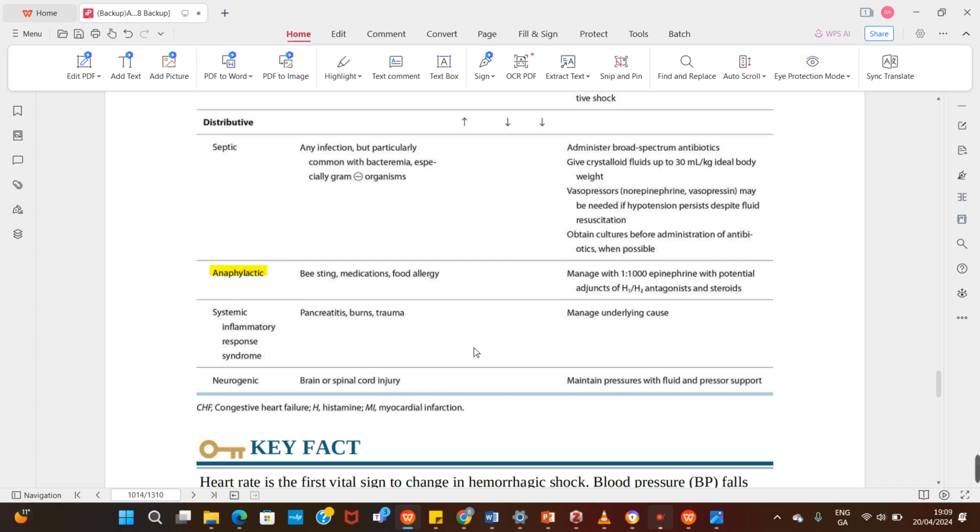They can drive an anaphylactic shock because they have a very potent vasodilatory action on the vessels.